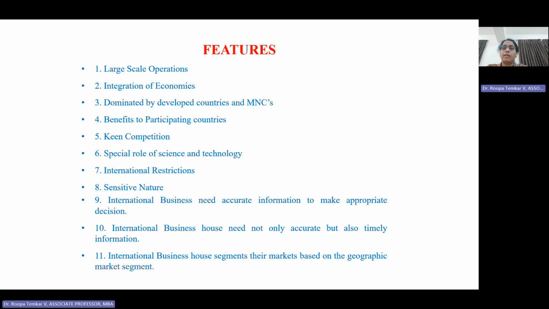Because again it is unexpected or uncertain, international business needs accurate information to make appropriate decisions. There should be clear decisions between two countries with respect to usage of resources or use of commodities.